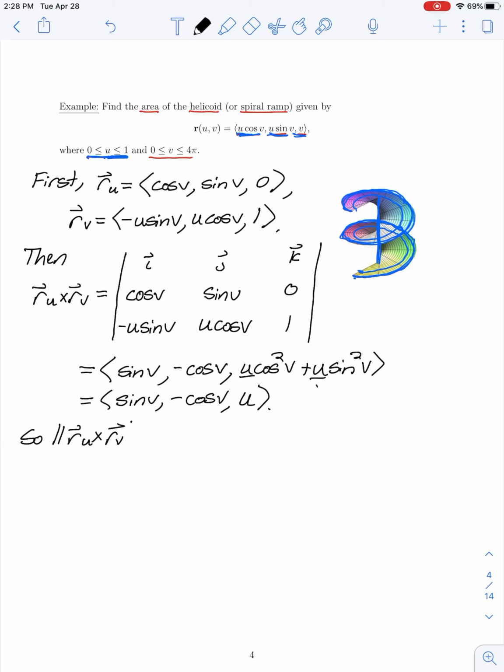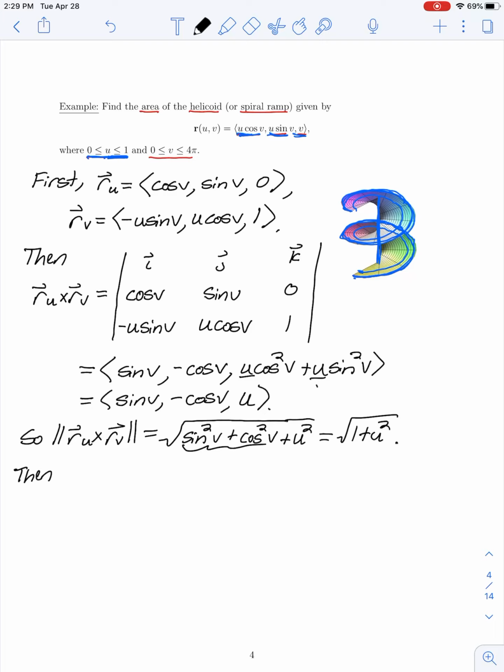So here, the magnitude of r_u cross r_v is the square root of the sum of the squares of our components. So here we have sine squared v plus, squaring the second component, a positive cosine squared v plus our last component squared, which would be u squared. So again, the sum of sine and cosine squared of v is just 1, so we're left with the square root of 1 plus u squared.